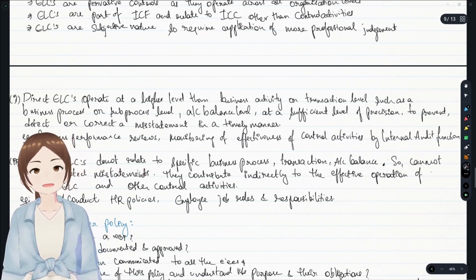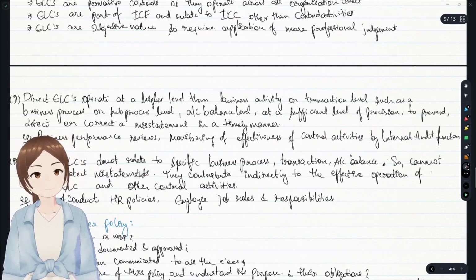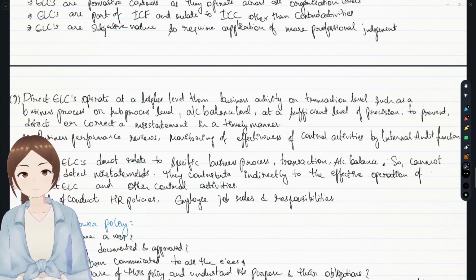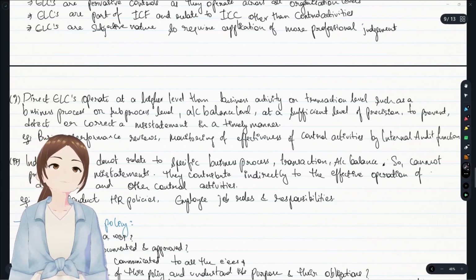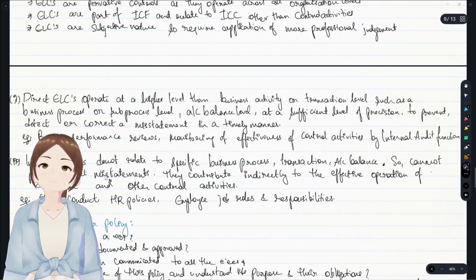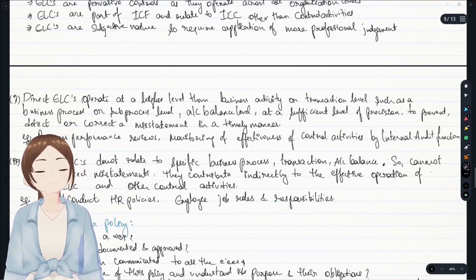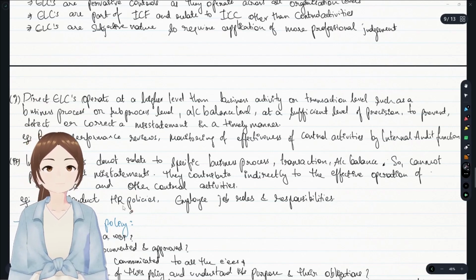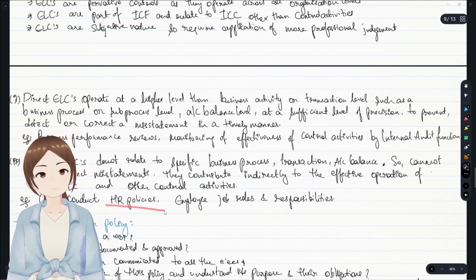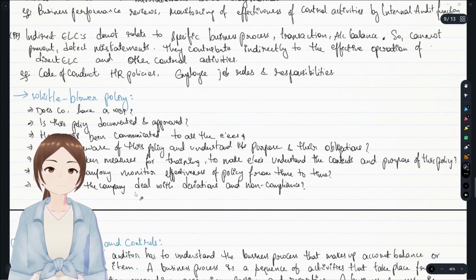And indirect ELCs do not relate to a specific business process, transaction, or account balance level, so they cannot prevent, detect, or correct a misstatement. They contribute indirectly to the effective operation of direct ELCs, like the code of conduct, HR policy, job roles, etc.